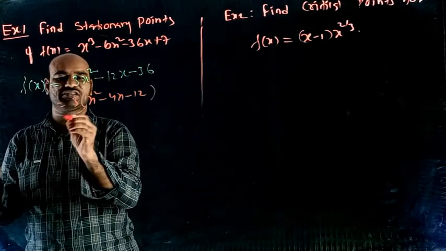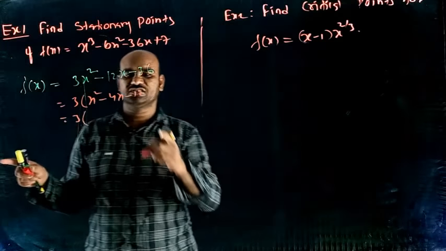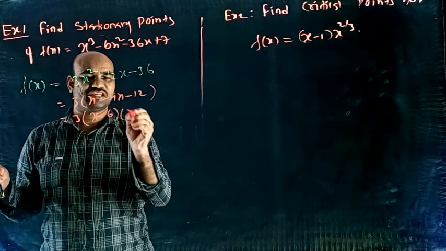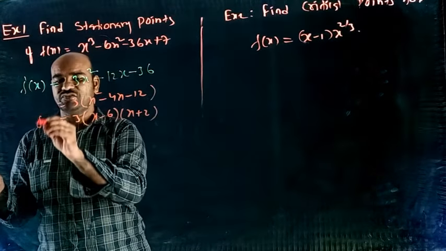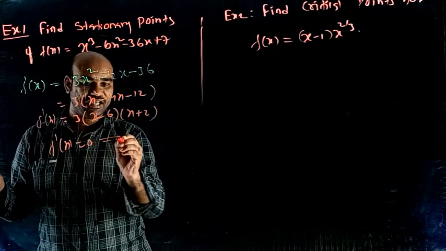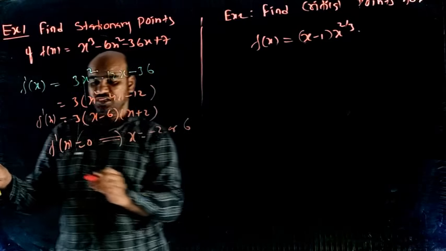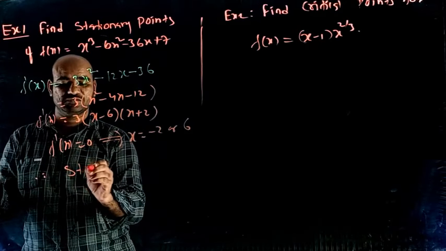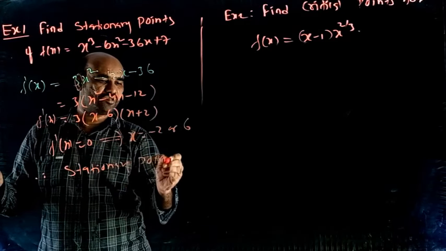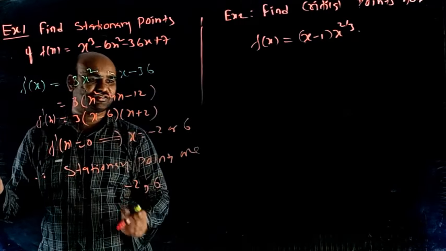This is f dash of x. 3 into a simple quadratic, we can factorize it. 6 and 2 are okay. x minus 6 into x plus 2. This is f dash of x. f dash of x equal to 0 implies x equal to minus 2 or 6. Therefore, stationary points are minus 2, comma 6.